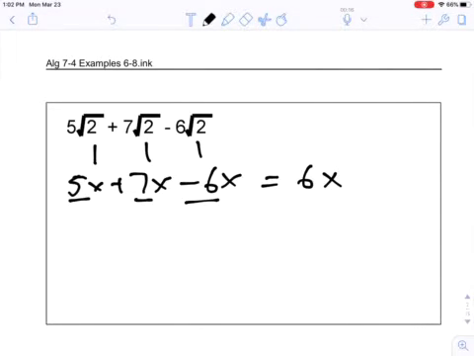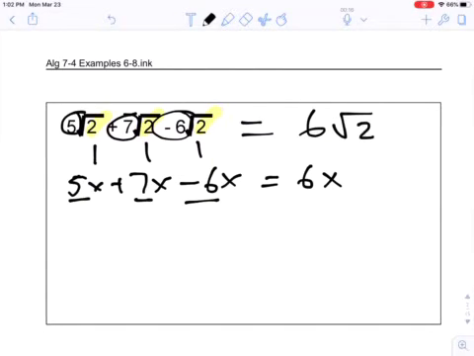But in this case, we're using radicands, right? So instead of that, we're using this. So you're going to do the same thing, where you're adding your 5, your 7, then subtracting 6, and that will give you 6. And then you're going to write 6 the square root of 2.